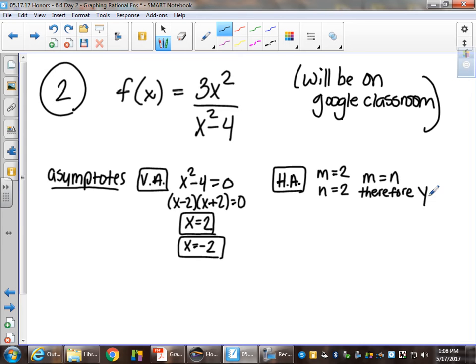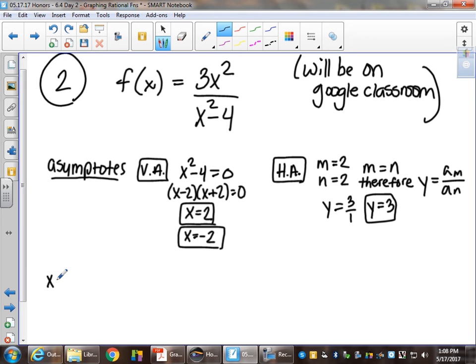So we need to look at the coefficients, divide the coefficients. So a sub m divided by a sub n. In this case, that's 3, and then there's an invisible 1 right here. So my asymptote will come from 3 divided by 1, which is y equals 3. So I have my vertical and horizontal asymptotes.